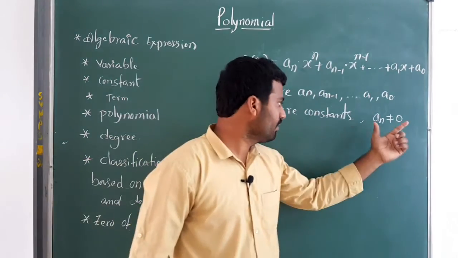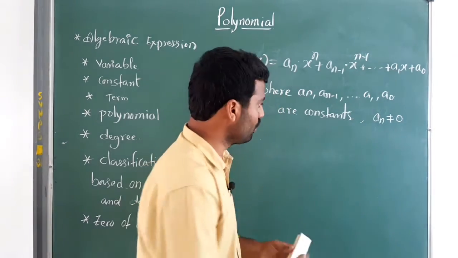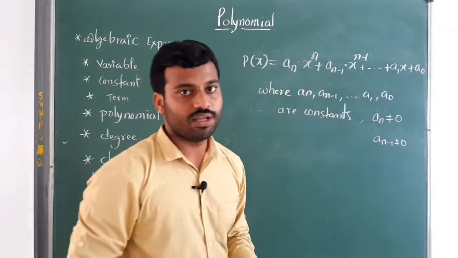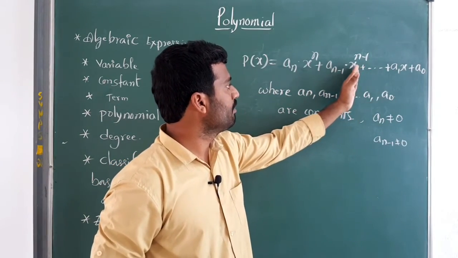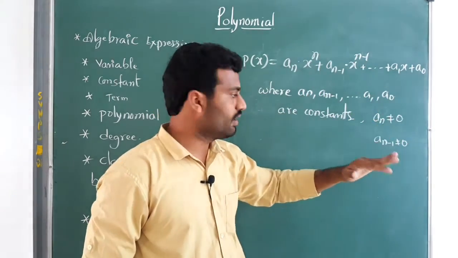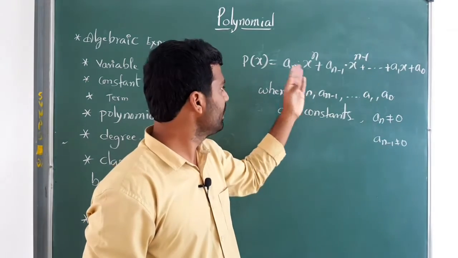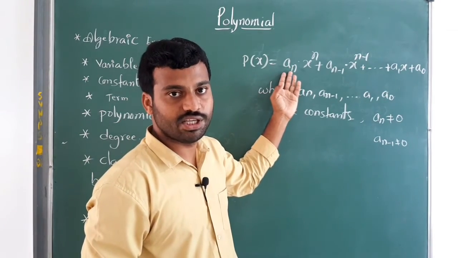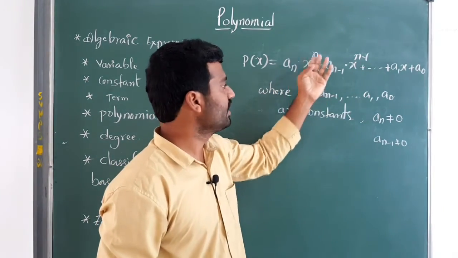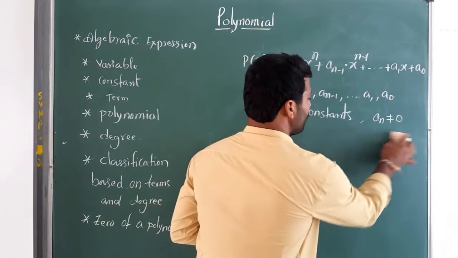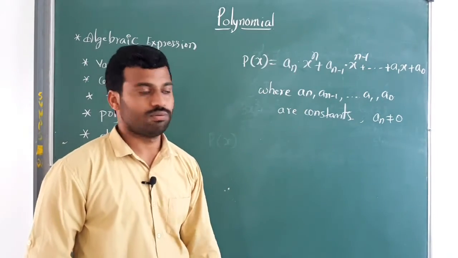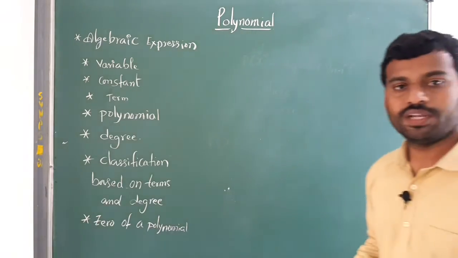If instead you mention a n minus 1 is not equal to 0, then the degree may be n minus 1 or n, because we don't know a n. If a n is 0, then the degree is n minus 1. If it is non-zero, then the degree will be n. That's why you have to mention that the highest powered coefficient is non-zero.